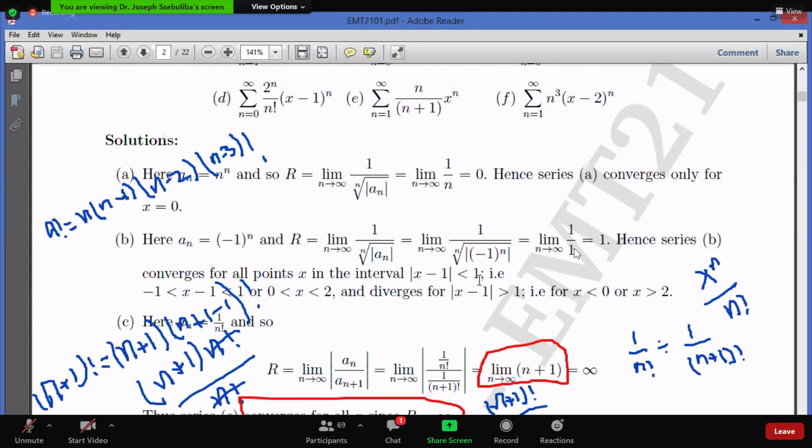Like when you add 1 over n factorial plus 1. No, please just repeat that. Okay, the denominator of the ratio. When you spoke of the denominator, you are referring to this one I've highlighted, right? Yes. Like when you add 1 over n factorial to 1, do you get what we have here?